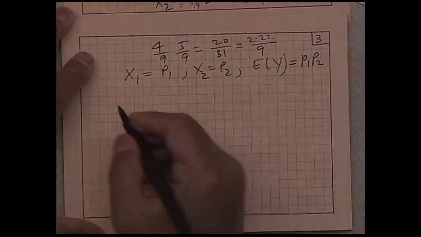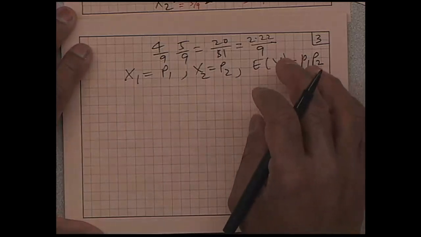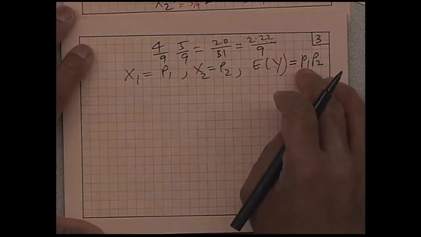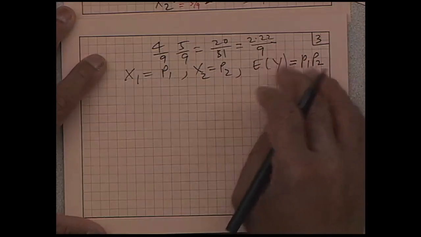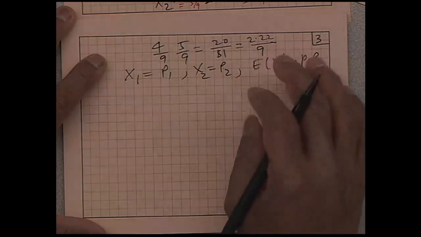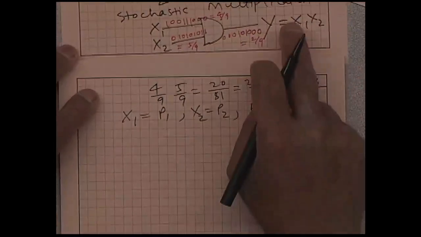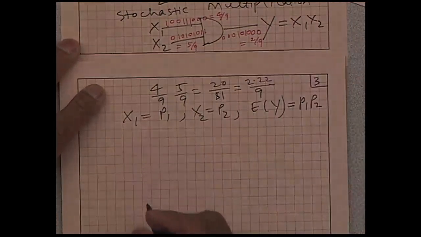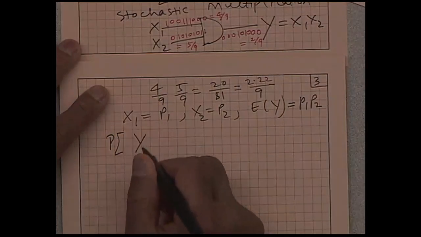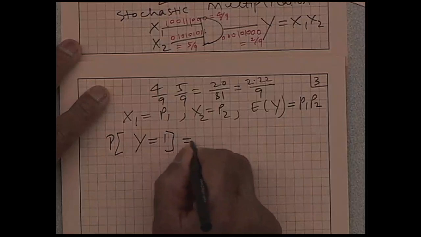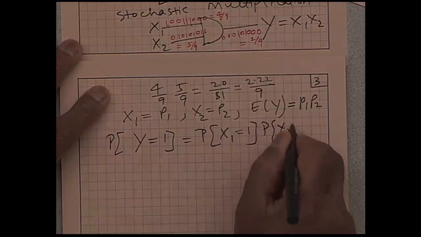We'll talk more about how the error can come down, or the standard deviation can come down. We'll talk about that, but for now let's just talk about why y is equal to x1 times x2. The probability that y is equal to 1 is equal to the probability that x1 is 1 times the probability that x2 is 1.